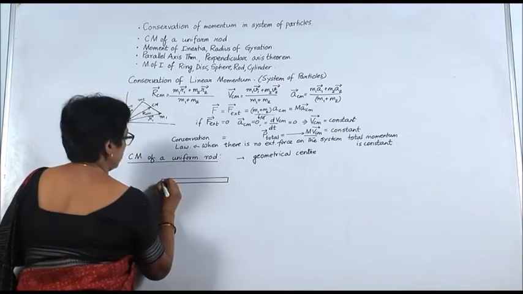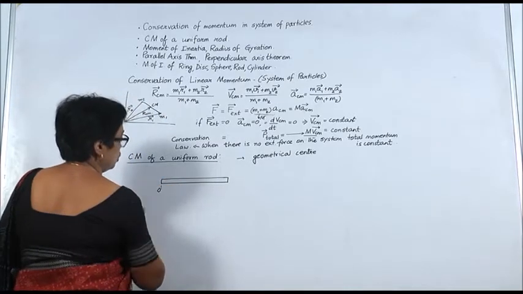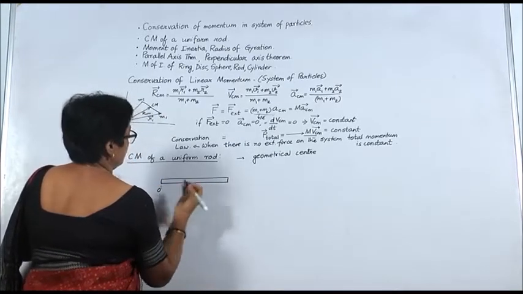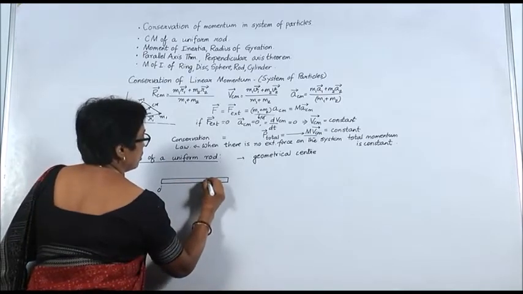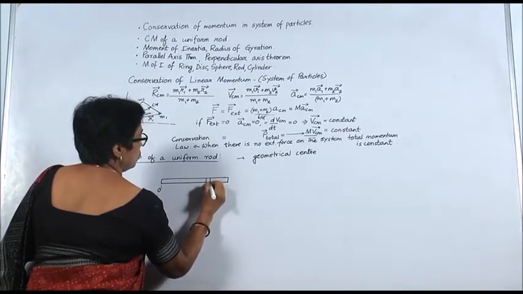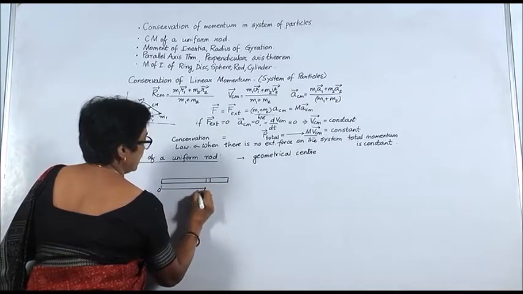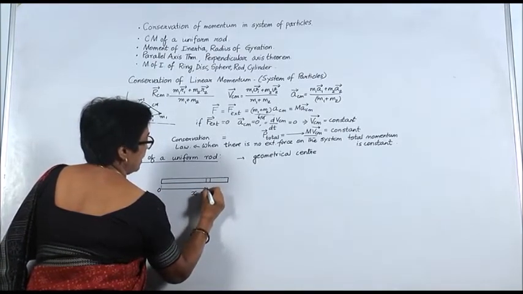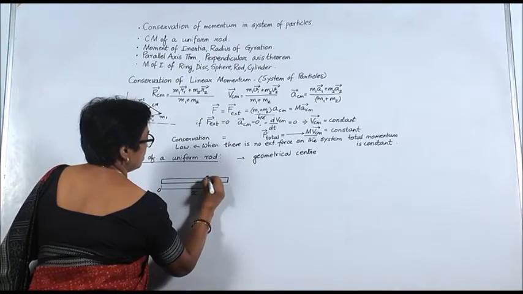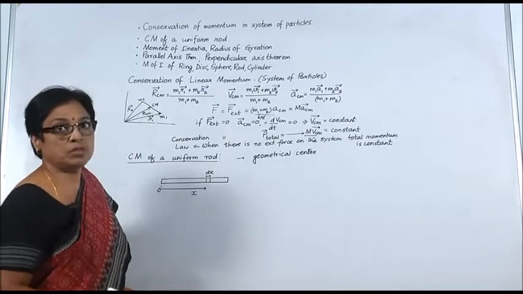Let us say this point is the origin O, and I will take a small mass which is a small section of this rod at a distance x. I will take a dx length of the rod.